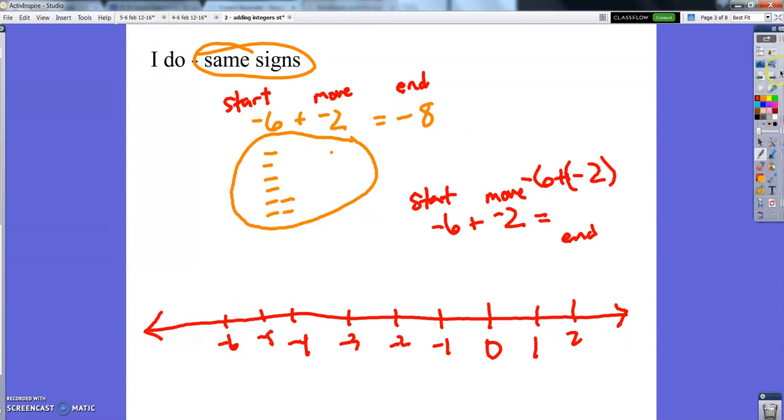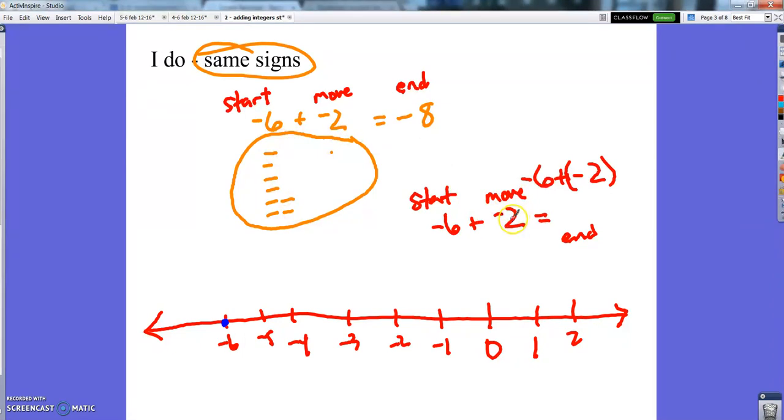So I'm going to start at -6, and I'm going to move -2. So I'm going to move 2 units in the negative direction. -2 is a negative number, so I'm going to move in the negative direction, which is toward the negative numbers. So I'm going to start there.